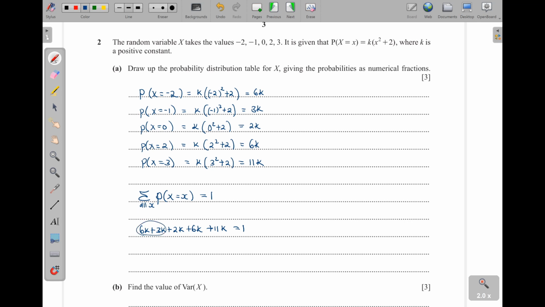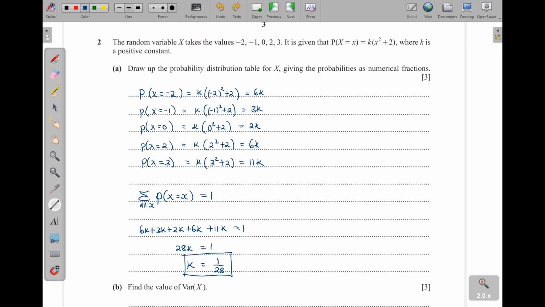So this will be 9, then plus 11 is 20, then 28. So I'll get 28k equal to 1. So meaning k is equal to 1 over 28. We needed to get this value of k because they asked for numerical fractions. They didn't say put the probabilities in terms of k. You see that?